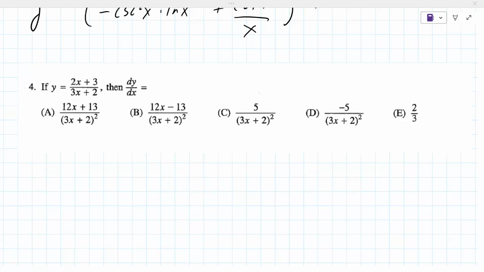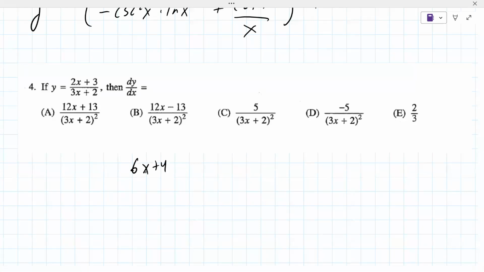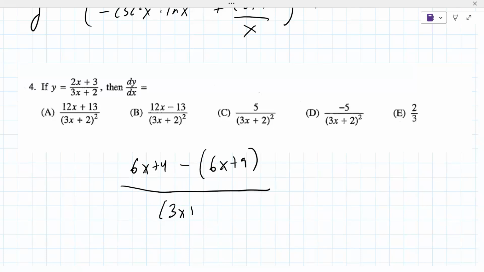Okay. For my unsimplified answer, I got (6x plus 4) minus (6x plus 9) all over (3x plus 2) squared. I don't know if you put it in parentheses like I did, but that's very important to do. Yeah, I did.